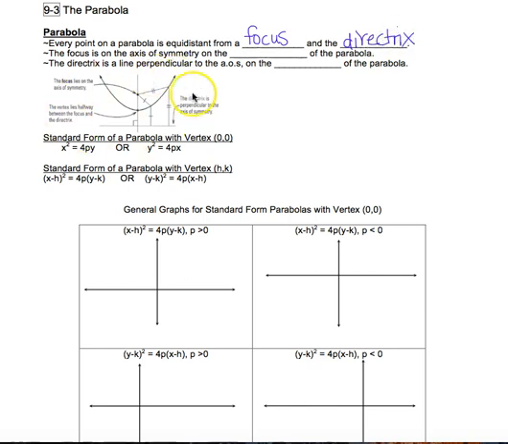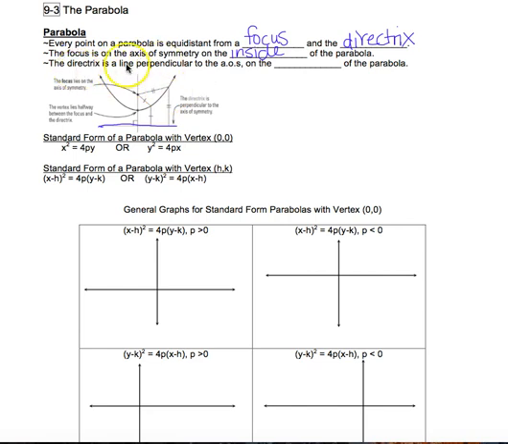And I've drawn, here's a little visual for you that illustrates this. So this is the directrix right here. And it should be perpendicular to the axis of symmetry. The focus is on the axis of symmetry on the inside. It's always on the inside of the parabola.